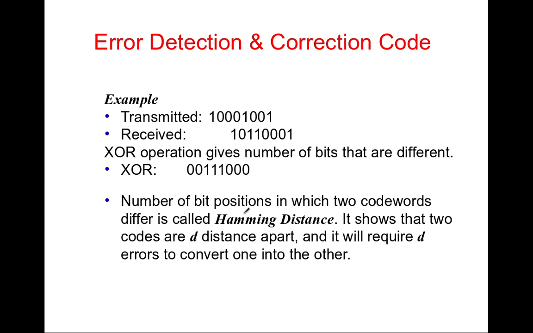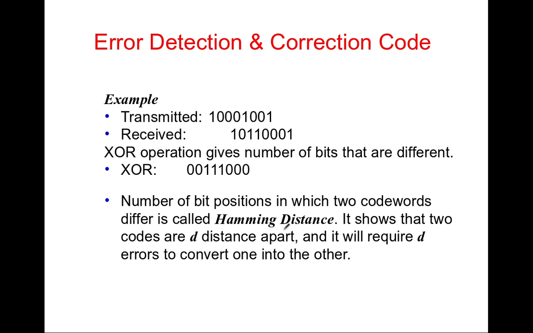Very importantly, here we are going to define what is called the Hamming distance. The definition of Hamming distance is the number of bit positions in which two code words differ. That is called the Hamming distance. We will see an example afterwards. It shows that two codes are d distance apart.